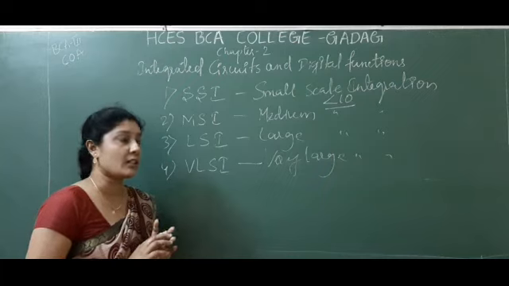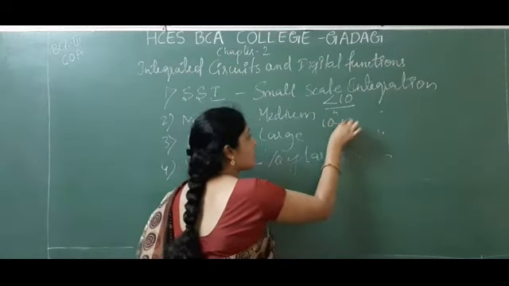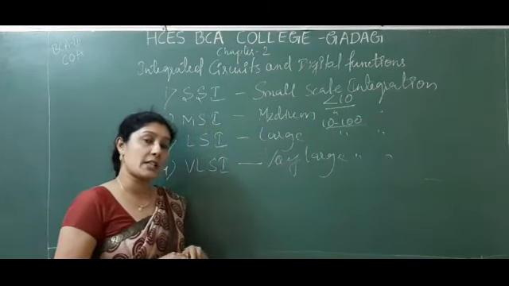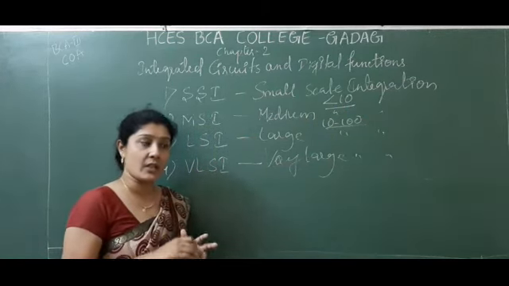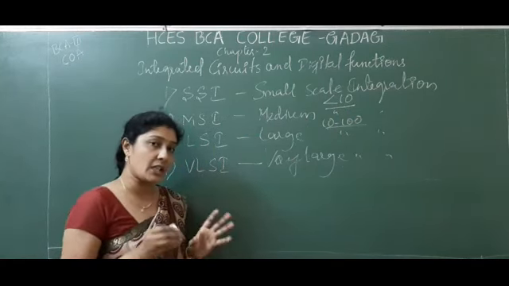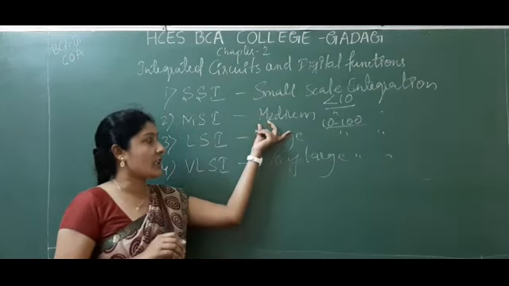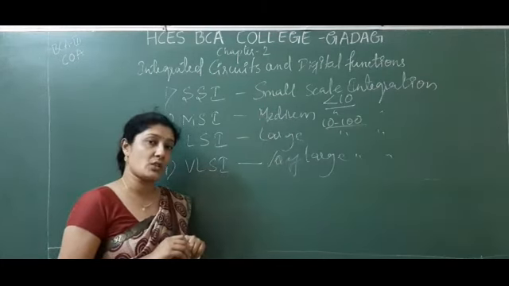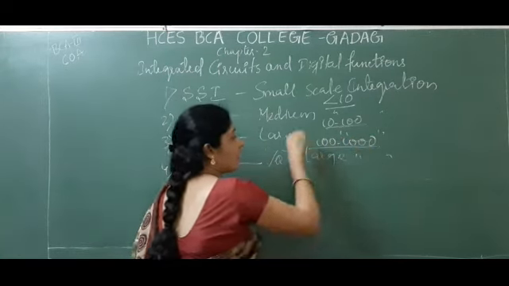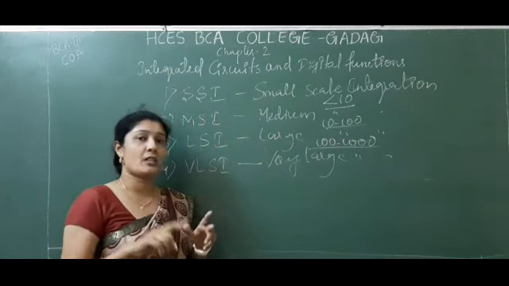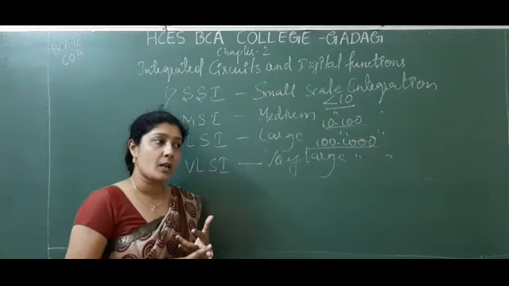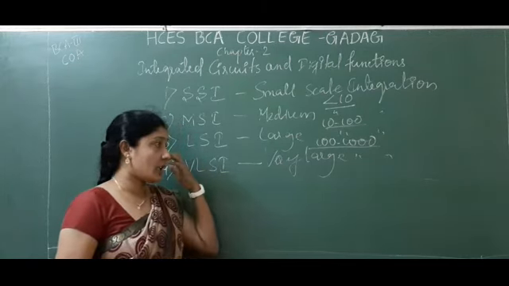Here we will be using 10 to 100 logic gates, and these ICs are used in decoders and adders, that is half adder and full adder, which we studied. Next, large scale integration. Here it will have 100 to 1000 logic gates, which are used in processors, memories, and programmable devices.